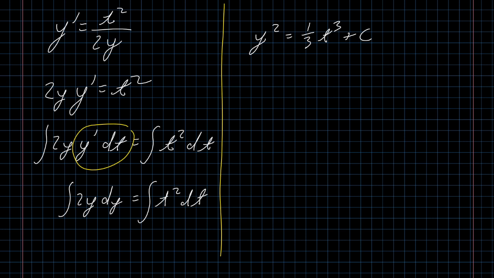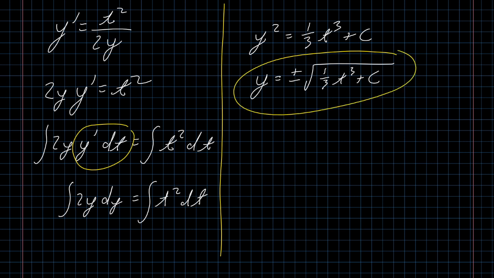Then, to get y by itself, I'm going to take the square root. If y squared is equal to this, then y itself is plus or minus the square root of 1/3 t cubed plus c. And unfortunately, there's nothing else I can do to simplify further. That just is the solution here.